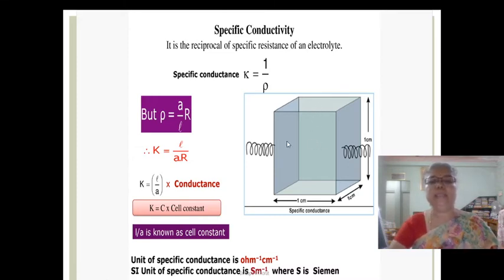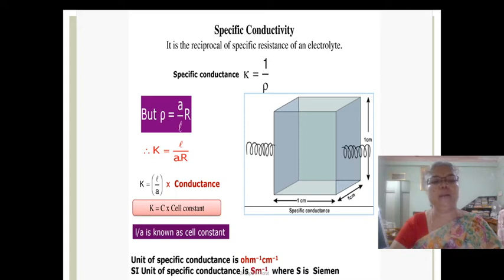This is the case for electrolytic conductors. When a metallic conductor is used, that conductor should have length 1 centimeter and area of cross section equal to 1 square centimeter.